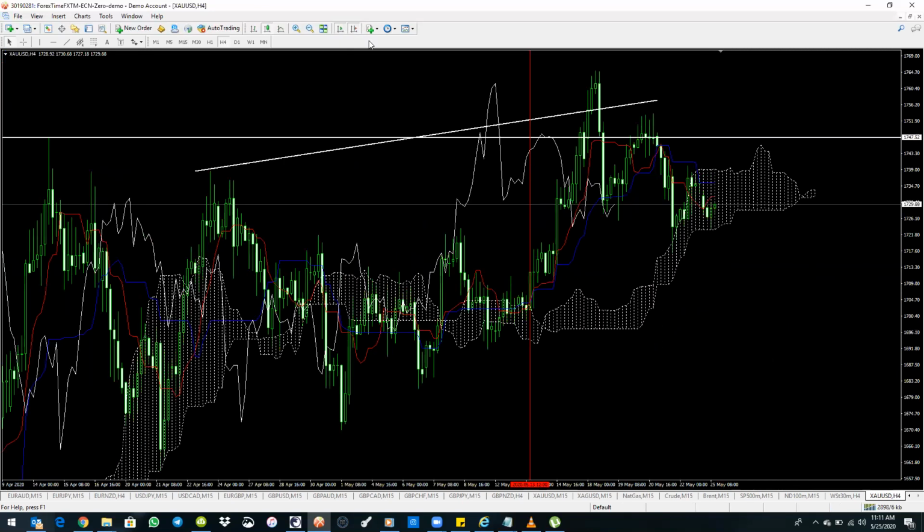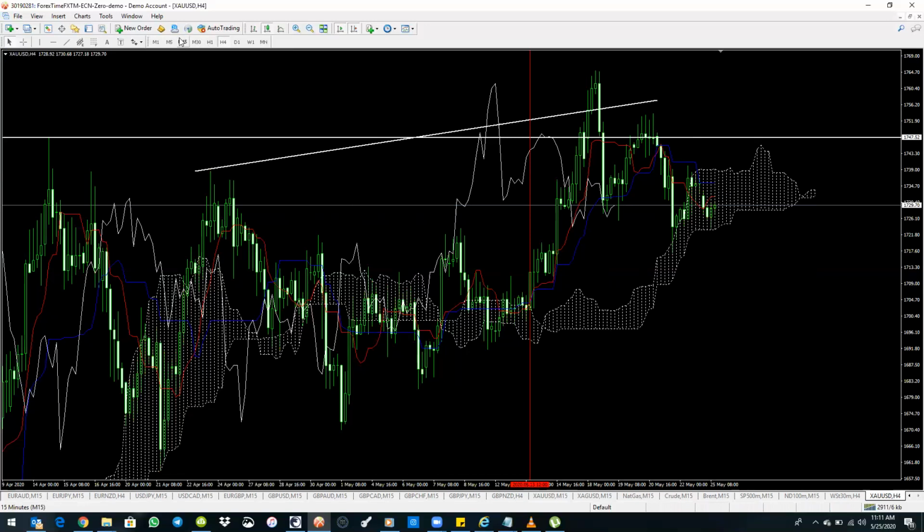And look at the direction of those moving averages. You can see that on 4 hours, the red is trading below the blue, which is in itself a bearish setup. Remember, if we're using the cloud, this is a bullish setup. But if we're using this blue and the red line, this is a bearish setup.